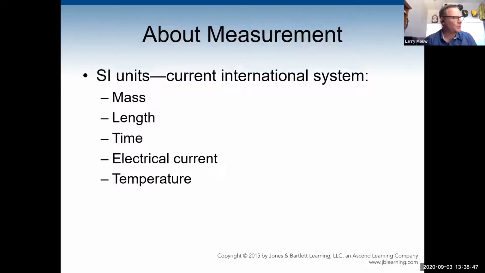Here in the U.S., we use the English system, where we deal with feet, inches, miles, pounds, things like that. The SI system deals with things like meters, decimeters, centimeters, kilometers, and kilograms, different things like that. So as we look at the different things, we're going to talk about mass, length, time, electrical current, temperature, and we're going to break these down into what they cover.